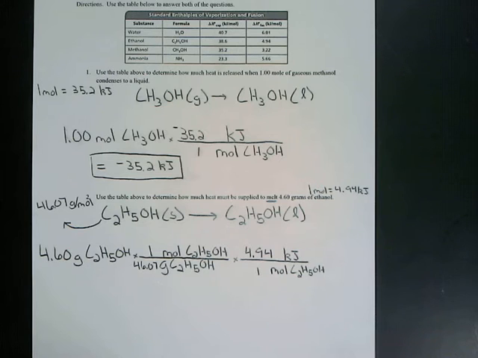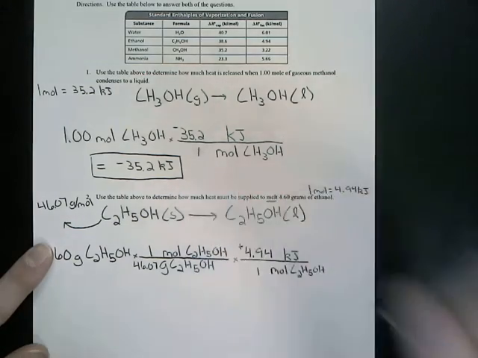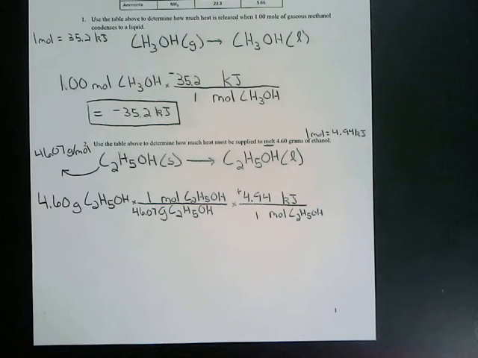And so what we do here is this. We need to think about the sign. If we're melting something, do we put heat into that particular substance, or do we take heat away from it? Well, the answer is we need to put heat in, so that is a positive 4.94.